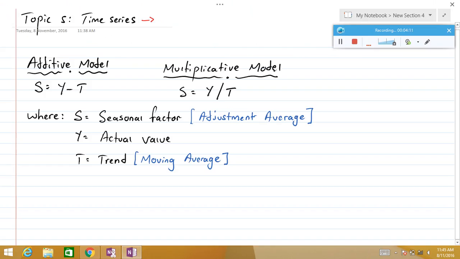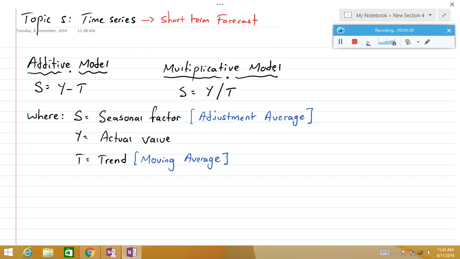It is not in your formula book or notes. This is used to find short-term forecast. You have learned long-term forecast in topic number 3, regression, and this is short-term forecast.